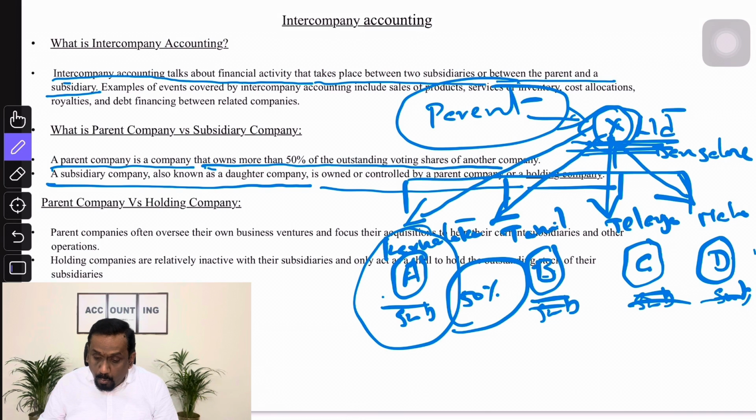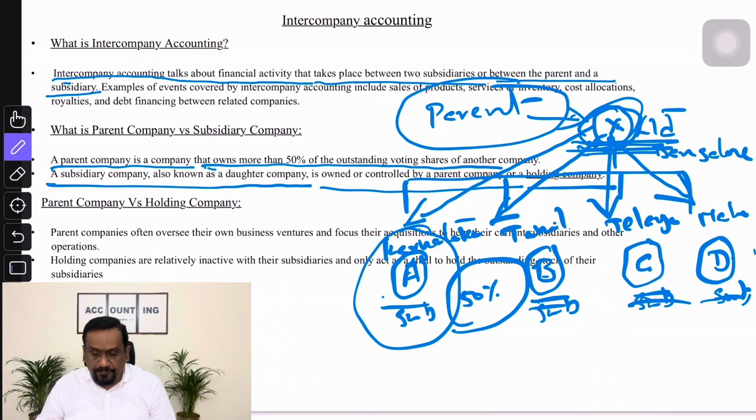So, whatever capital is invested by X Limited in different subsidiaries, and if the holding is more than 50%, then X Limited will be called the parent company and A, B, C, D companies are called subsidiaries of X company. Clear? And this parent company is also called a holding company.